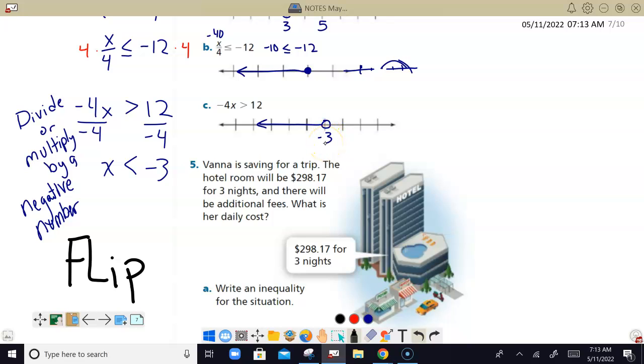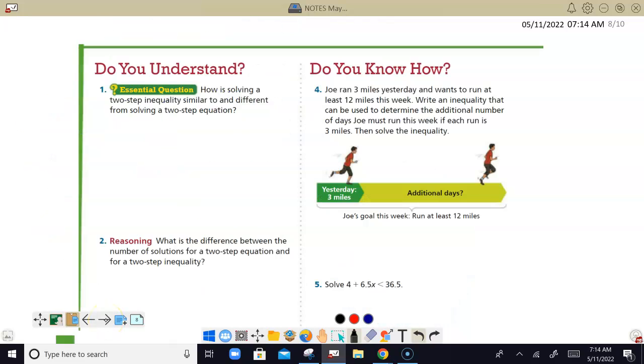Let's pick negative 5. Negative 4 times negative 5 is a positive 20, and positive 20 is in fact greater than 12. So check, we've got it correct. This is the one rule that's kind of new. When we divide or multiply by a negative number, that symbol will flip around. Okay, so let's jump over to some two-step inequalities.